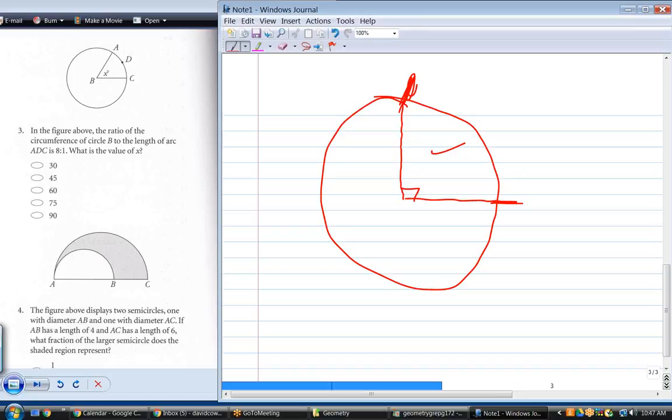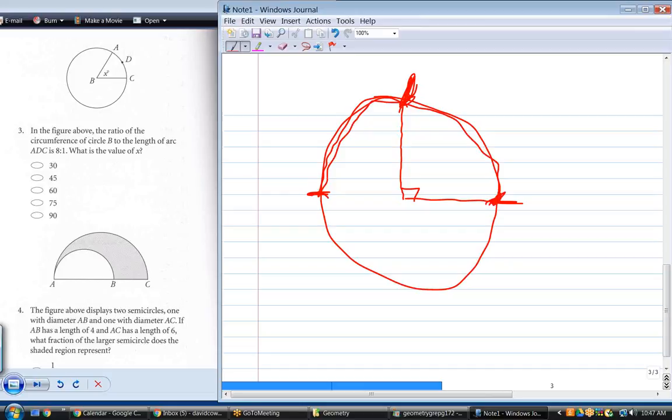Does it look like half? Oh, no, hold on. I went all the way halfway to a semicircle. Then it would be half. So it's half from this point all the way around to this point. So what is it from here to here?